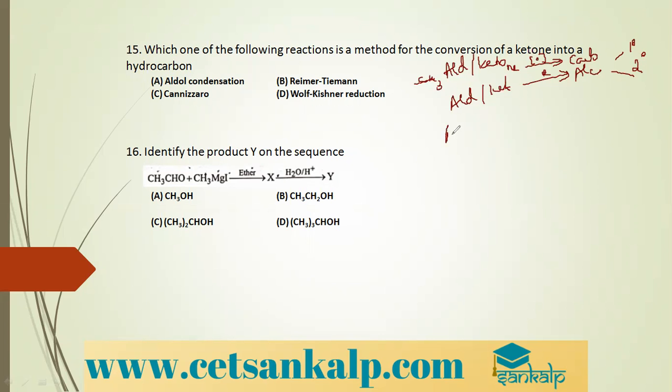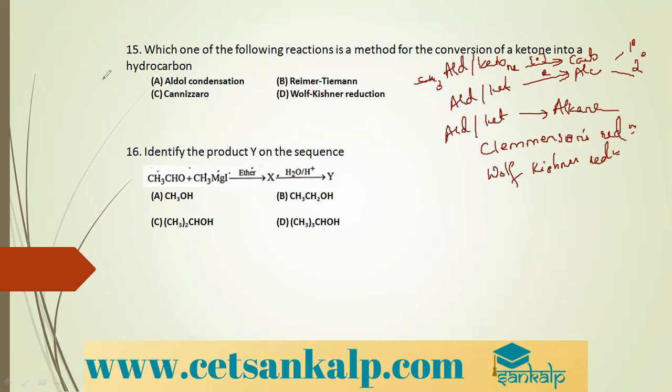But here, if you take an aldehyde or a ketone, you can even reduce it to alkane. There are two methods. One is Clemmensen reduction. The other is Wolff-Kishner reduction. Which is the option given? It is Wolff-Kishner reduction. In Wolff-Kishner reduction, we use hydrazine, H2N-NH2, and sometimes students write it like this also.